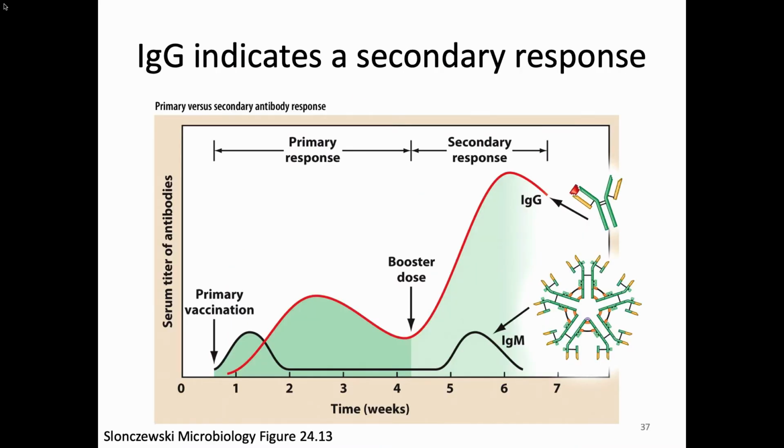Typically, when I think about IgG, one of the really big things I think about is that IgG is going to be indicative of a secondary response. So early in responses, we tend to make IgM. Late in responses, or when we're making a memory or secondary response, we tend to make IgG. And so if I wanted to measure whether you were making a memory response to some antigen, I would measure IgG.